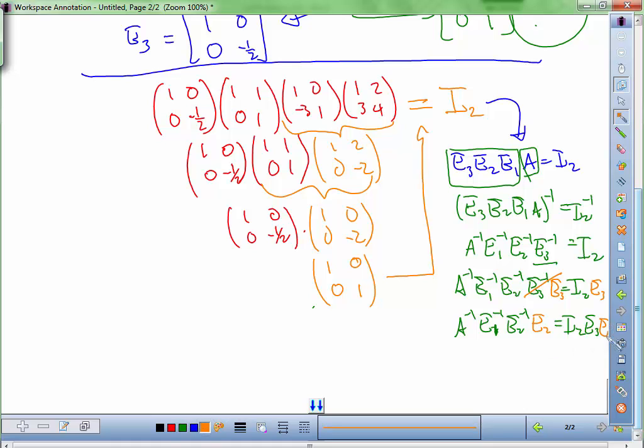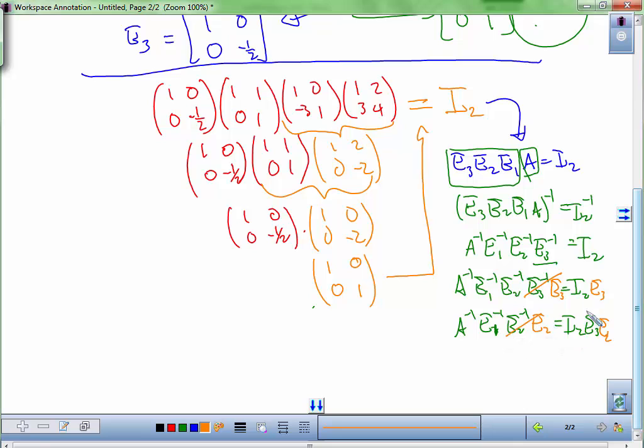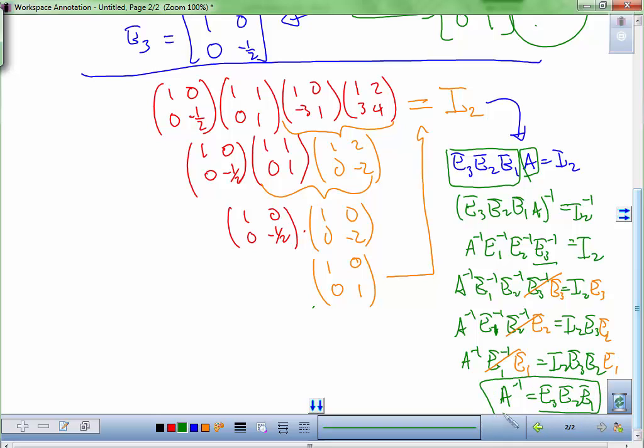And then I would get basically this little box over here. And so identity times anything is identity, and you just have A inverse is equal to E3, E2, E1 in that particular order.